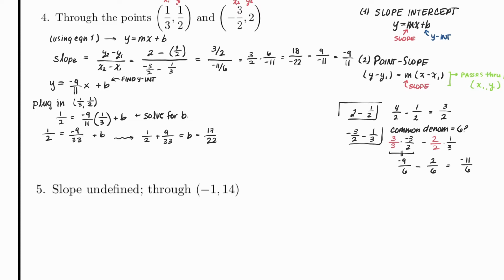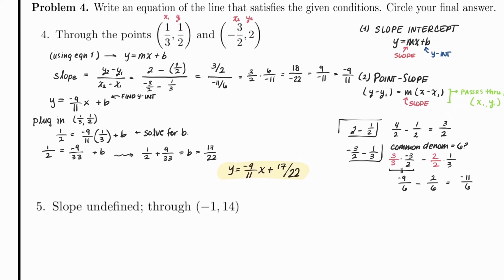So our final answer, the equation of the line that passes through these 2 points in slope-intercept form, is y equals -9/11 x plus 17/22. Okay, if you need more time to look at this, you should pause the video now. But I'm gonna keep going.